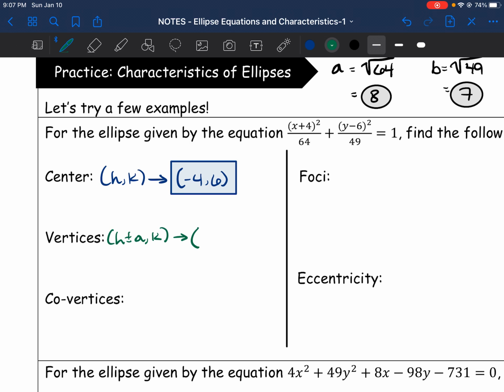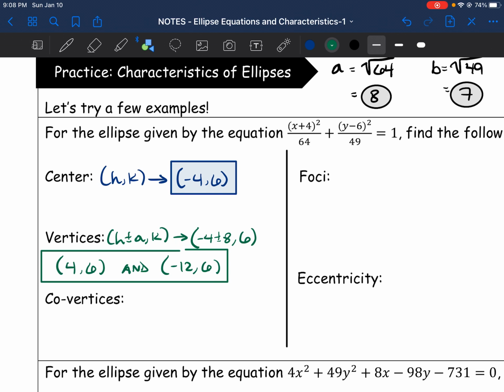So that's -4 plus or minus 8, comma 6, and remember this plus or minus sign means we have two different coordinates. So -4 plus 8, that's 4, 6. But we also have to calculate -4 minus 8, which is -12, comma 6.